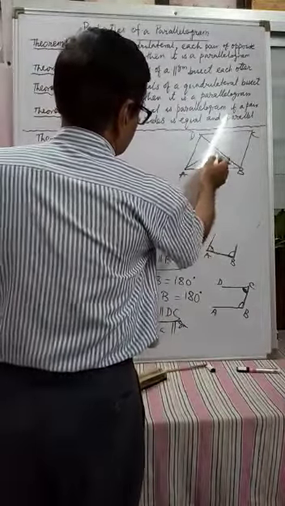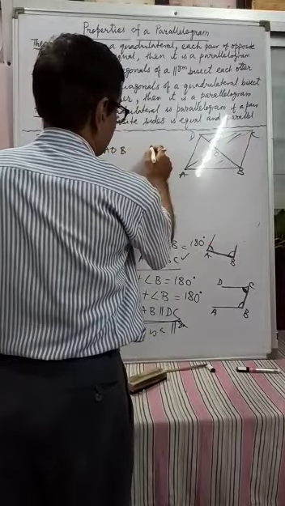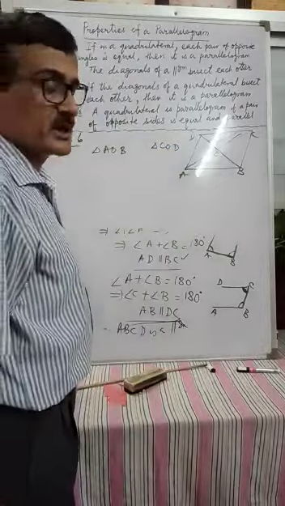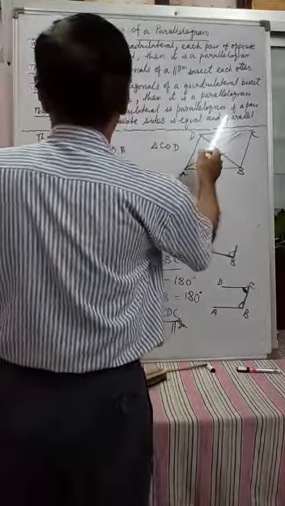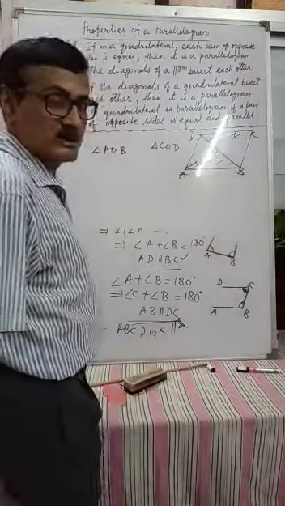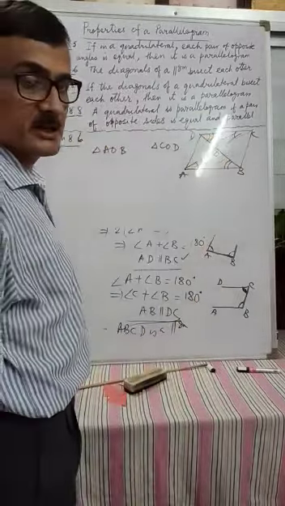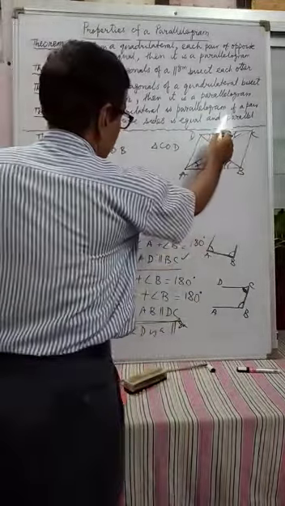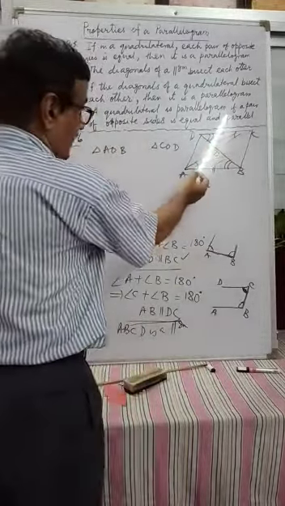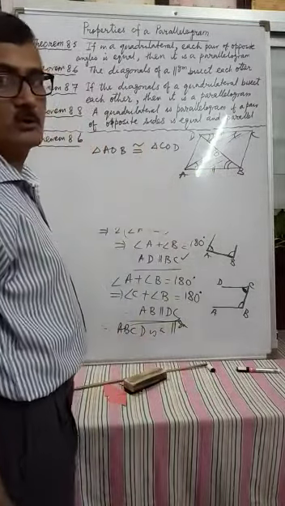For that we take up these two triangles, namely triangle AOB and triangle COD. Now in these two triangles, since it is a parallelogram, these two angles are equal, alternate interior angles. These two angles are also equal, alternate interior angles, and these two sides are equal because opposite sides of a parallelogram are equal. So by angle, side, angle, these two triangles are congruent.